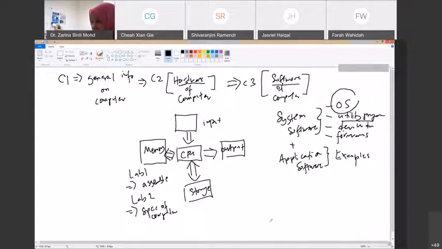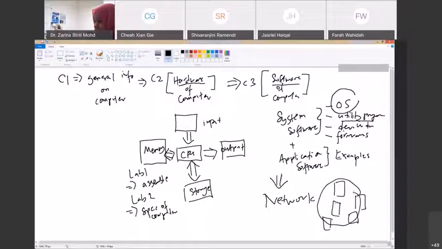So now in chapter 4, once we already know about the computer and the software inside the computer, we look into how to network these computers together. So we have many computers. How the computers are being networked and what are the elements for computer networking, that's all.